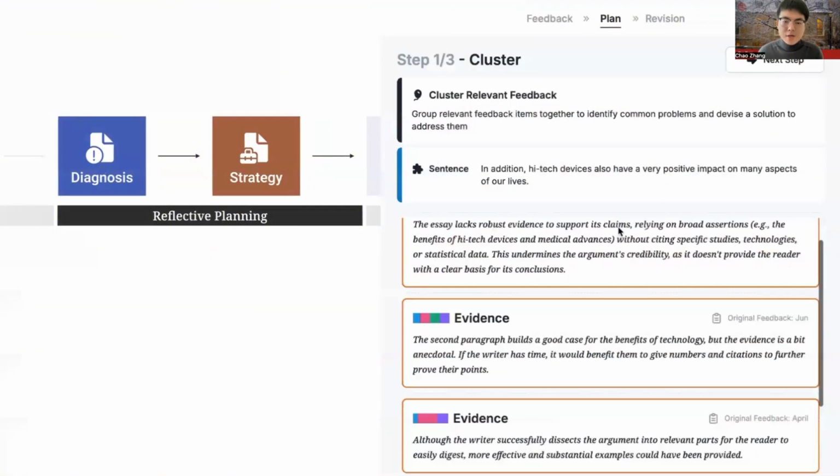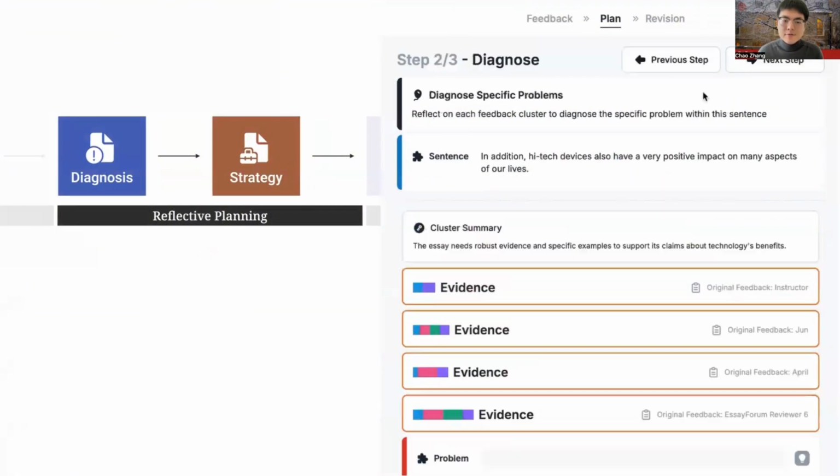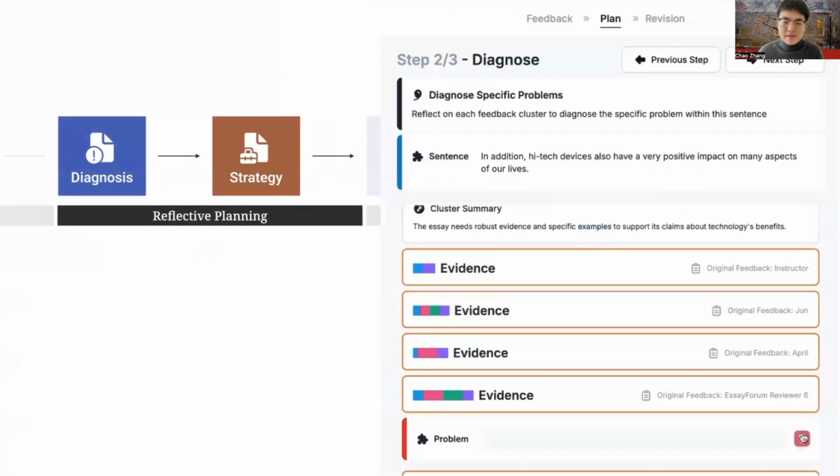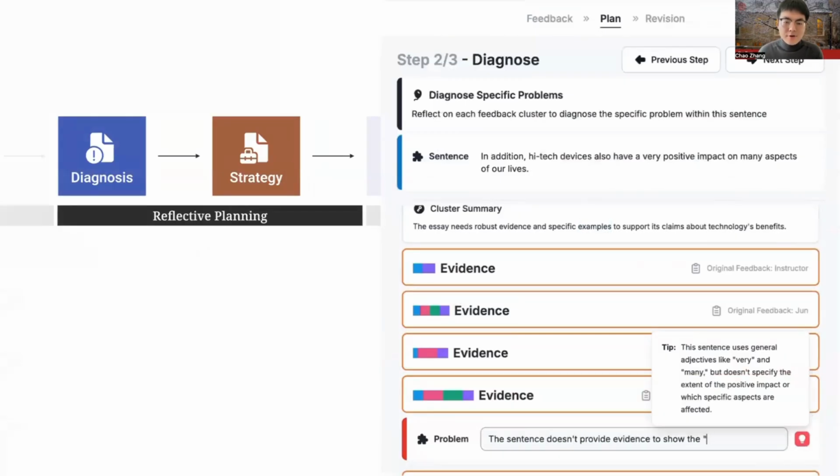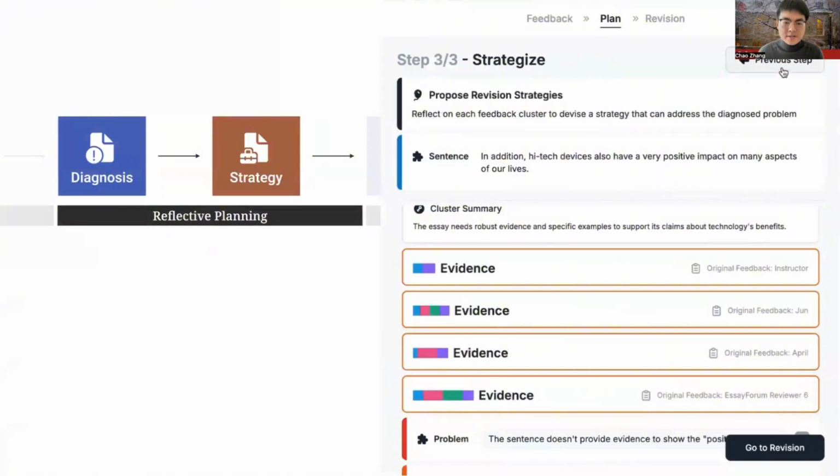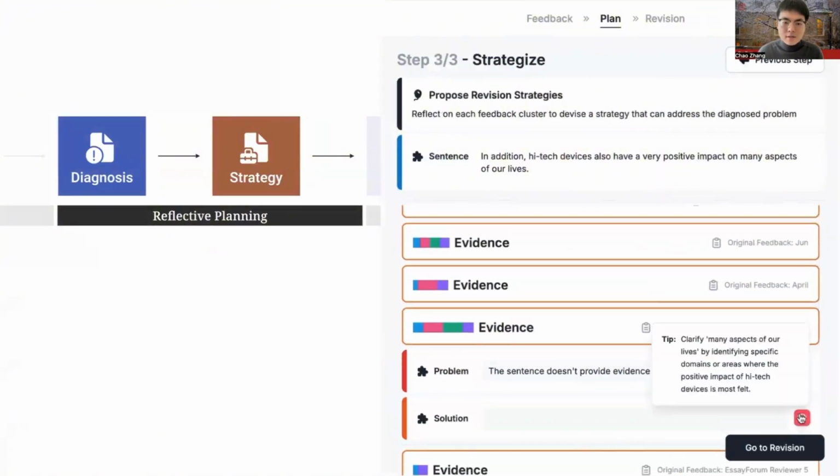Upon selecting a problematic sentence, Friction prompts users to cluster similar feedback and plan actions for each cluster. Friction offers adaptive hints for inspiration if users struggle with diagnosing problems or proposing solutions.